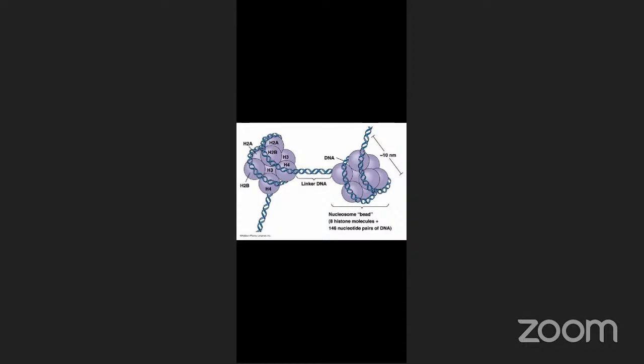But later, in Vicia faba plants, the packing of DNA was identified. Based on this, several models came forward to explain the arrangement of DNA.